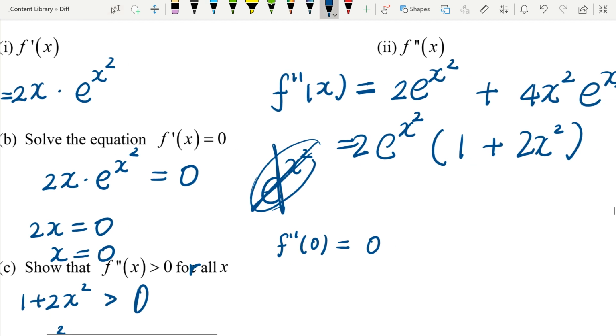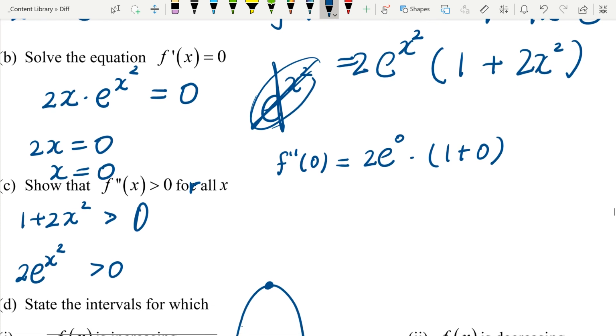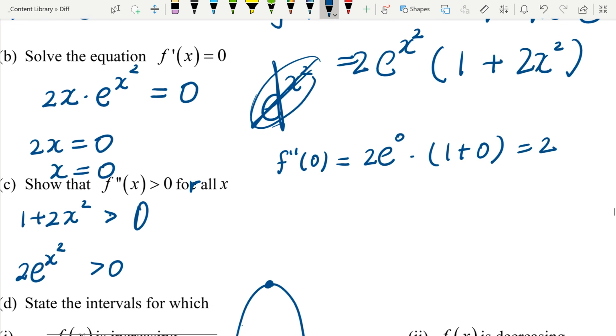Here. So it's 2e to the power of 0 times 1 plus 0, and that is definitely positive. It's always positive. The second derivative is always positive, so that's a minimum point. Minimum turning point. So the point 0 is the minimum turning point.